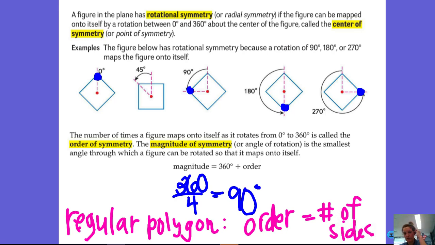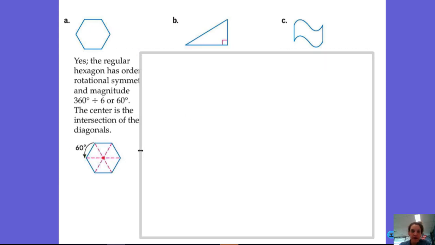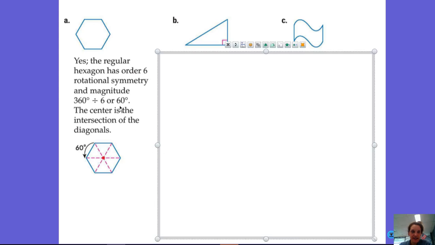You can rotate it 6 times until it maps onto itself. So the regular polygon's order is equal to the number of sides. So we just talked about that. Regular hexagon does have rotational symmetry. Its order is 6, and so the magnitude is 360 divided by 6.